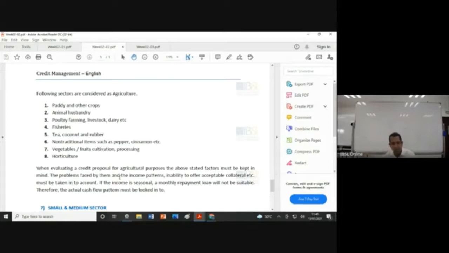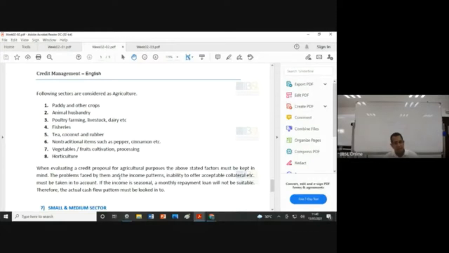So you have to match your repayment to the cash flows of the farmer. Always you should have a second way out, that is security or something, or you should have a third way out, which is insurance. Insurance is very critical when it comes to agriculture.